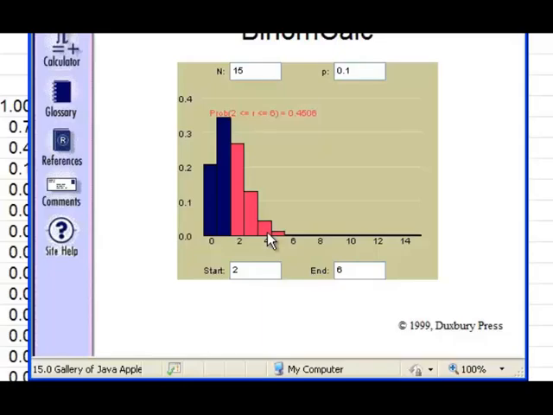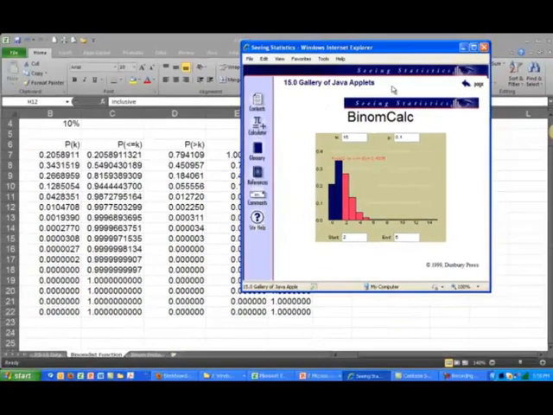I can just put together two binomial dist functions. What I'll say is binomial dist of 6, comma, n, comma, p, comma, 1 in order to get 6 and everything below. Then I need to use another binomial dist to subtract away the parts that I don't want. Okay, so let's do that.